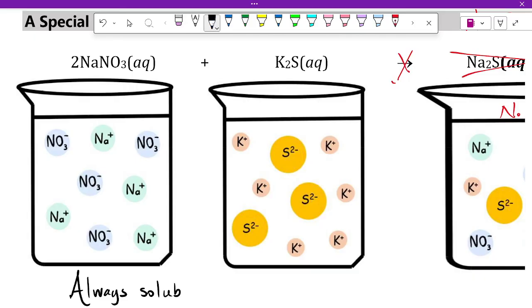Some of the metals. Which ones? The alkali metals. Alkali metals are always soluble with everything. What group are the alkali metals? Group 1.